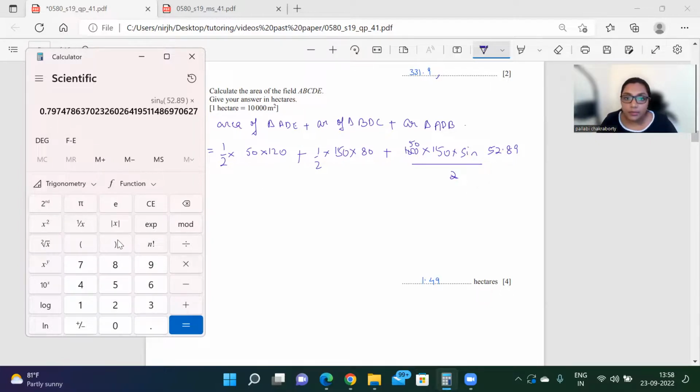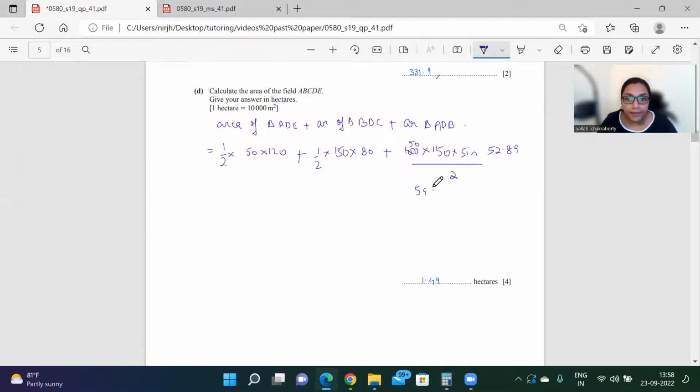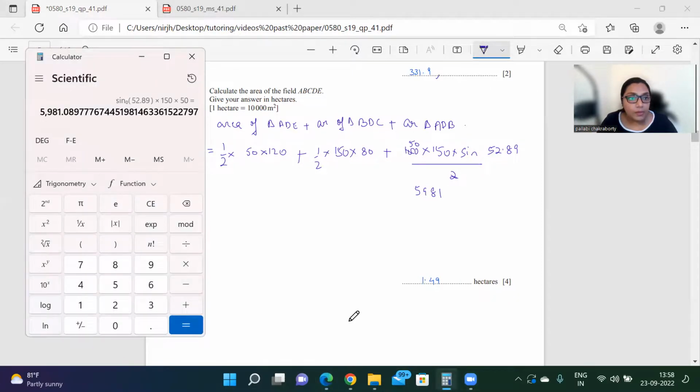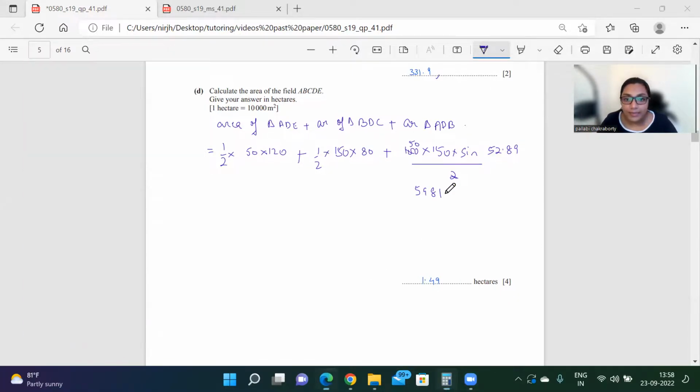Multiply that with 150 and multiply that with 50. What do we get? We get roughly 5981. So the value was 5981.08. So we'll take it as 0.1. We have rounded it off.